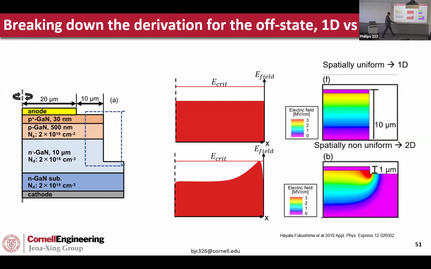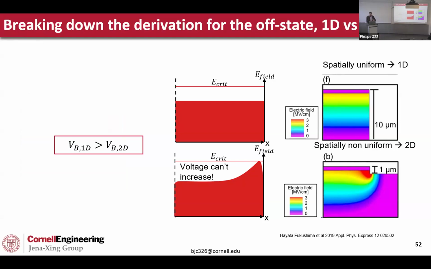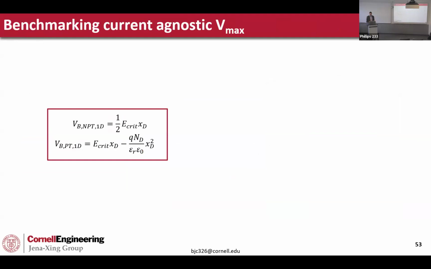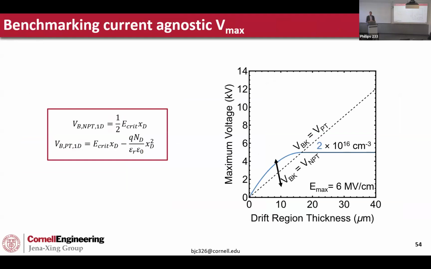So effectively, this entire area is voltage that you cannot apply. But if it's a 1D profile, there's no issue with raising the voltage. So taking it all together, when we go to 2 dimensions, it's now a maximum, not a minimum. Just like before, I'm going to pull up the equations and look at a benchmark plot that I've made.